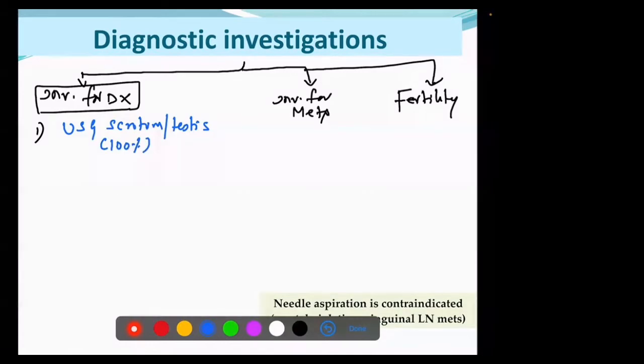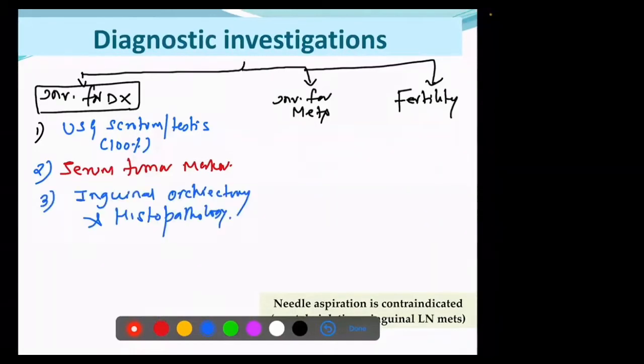The second one is serum tumor markers, like alpha-fetoprotein, HCG, LDH, placental alkaline phosphatase. These are usually increased in non-seminoma. Placental alkaline phosphatase is increased in seminoma, usually in advanced disease.